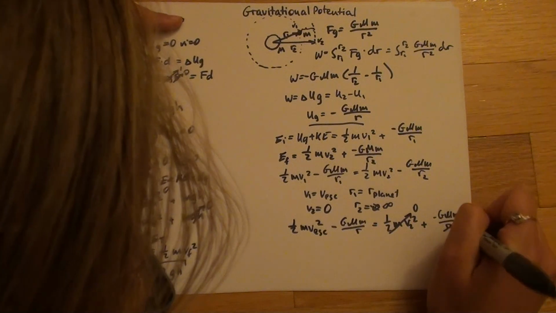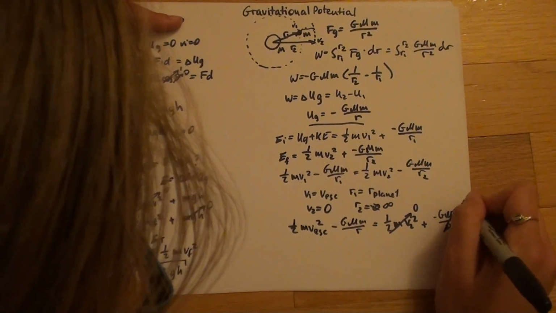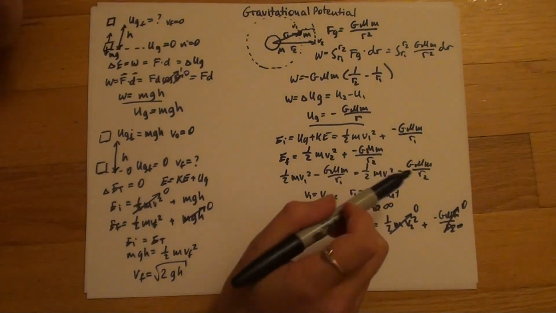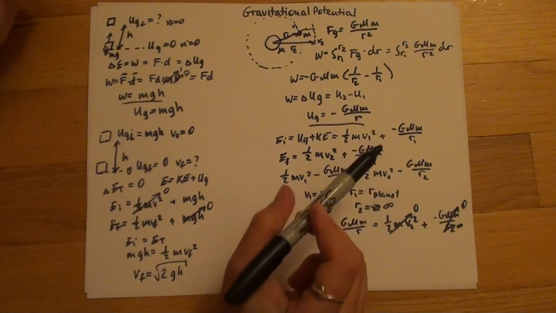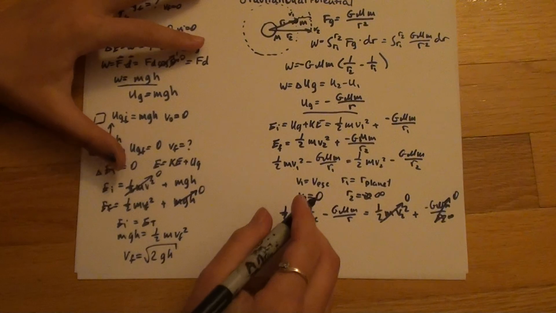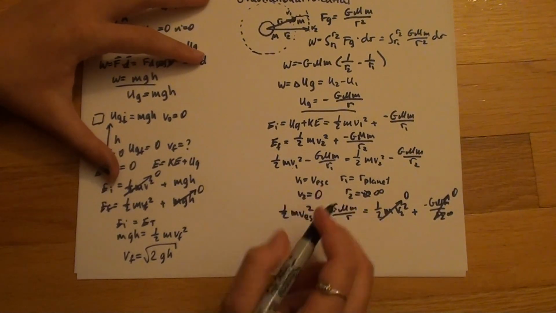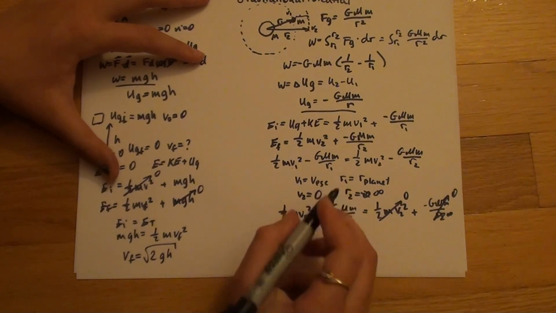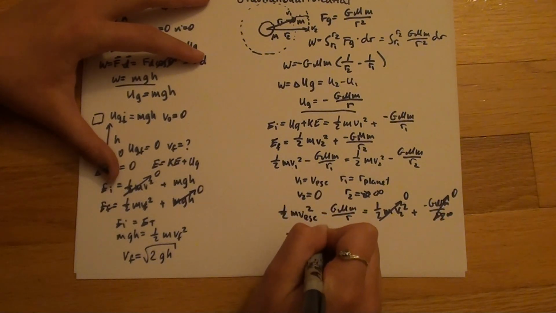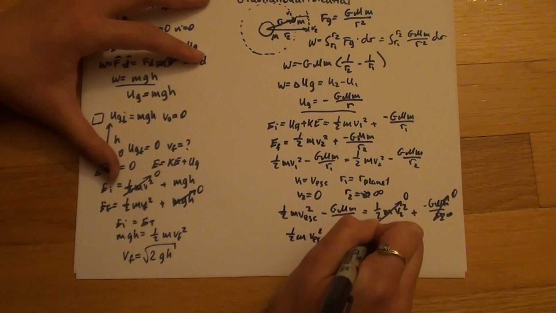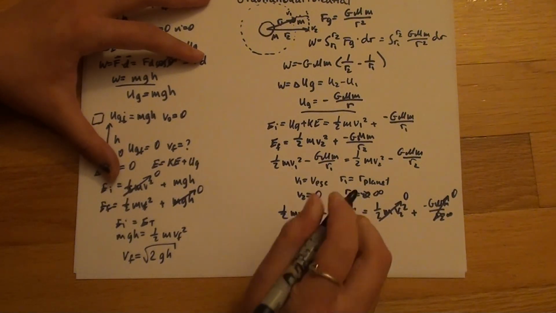This is infinity, so this whole thing would be 0, because any number divided by infinity is 0. It becomes infinitesimally small. In reality, this will never be 0, but for this purpose it serves just as well. So this side is 0, so 1/2 m v escape velocity squared will have to equal GMm over r.